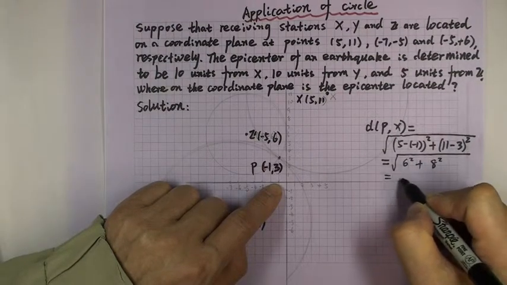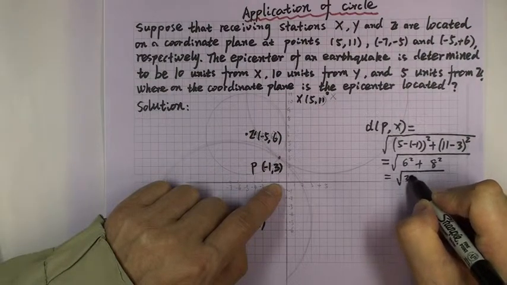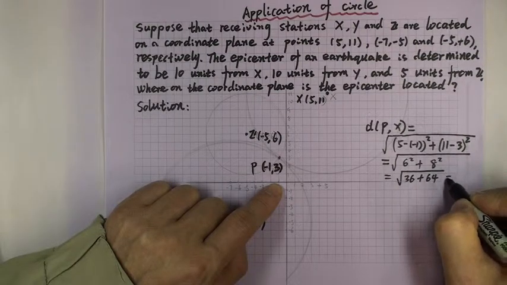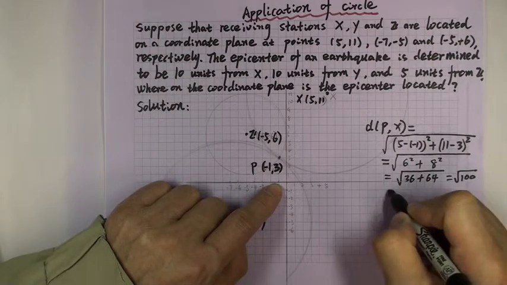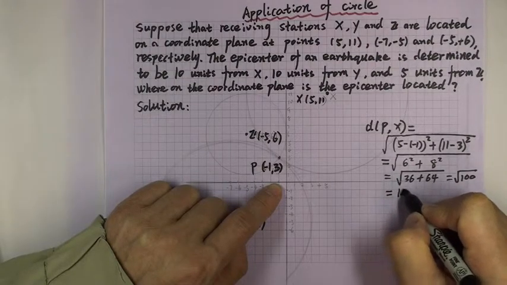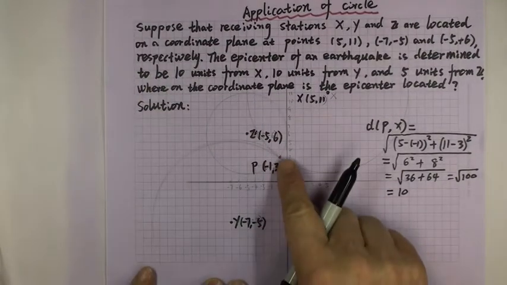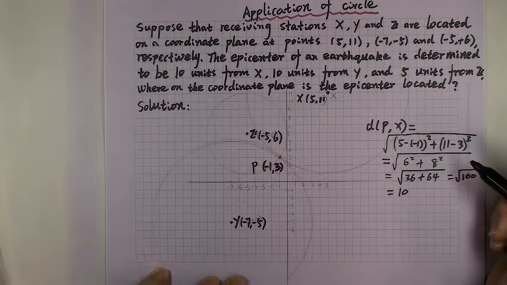And then you have 36 plus 64 together is 100. You choose the square root, it is 10. It looks like this is the possible point, (-1, 3).